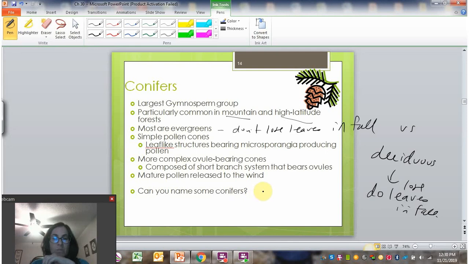It's almost the winter holidays right now, so Christmas trees are, of course, examples of conifers. You may have heard of a Douglas fir or noble fir. Those are some of the ones commonly sold for Christmas trees. So those are examples of some conifers.